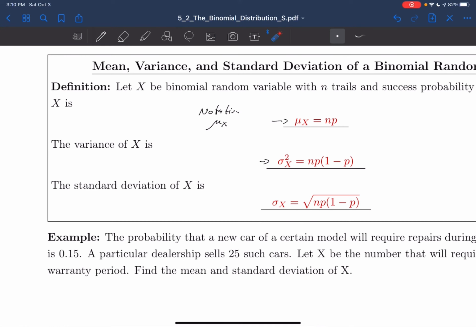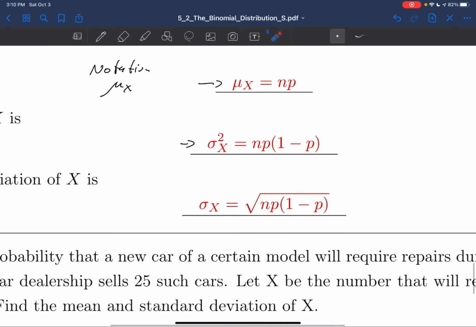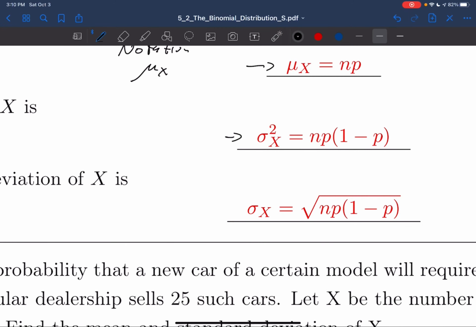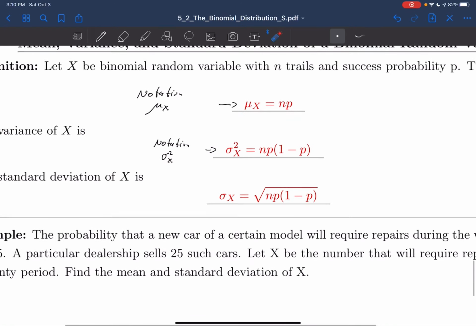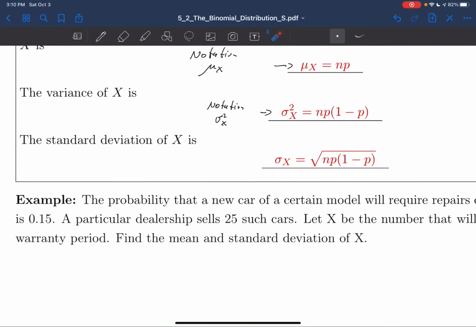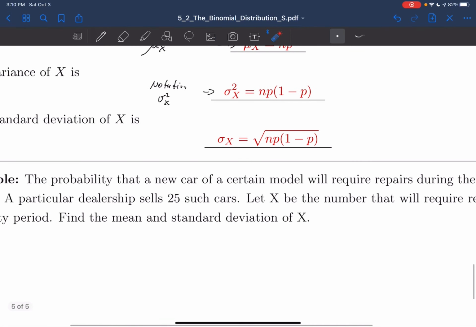To compute the variance of X, it's sigma squared of X. This is just notation of variance. So this is just n times p times 1 minus p, where again n is just the number of trials and p is just the probability of success. And lastly, finding the standard deviation is just taking the square root of our variance.